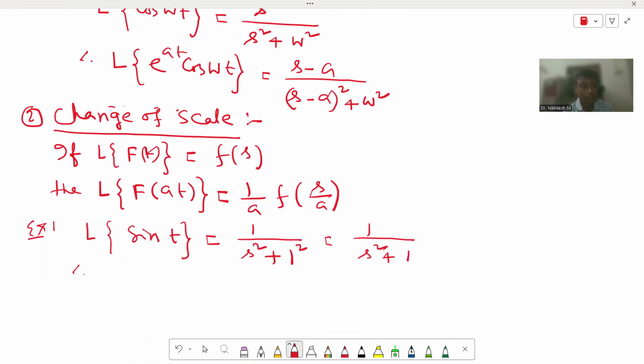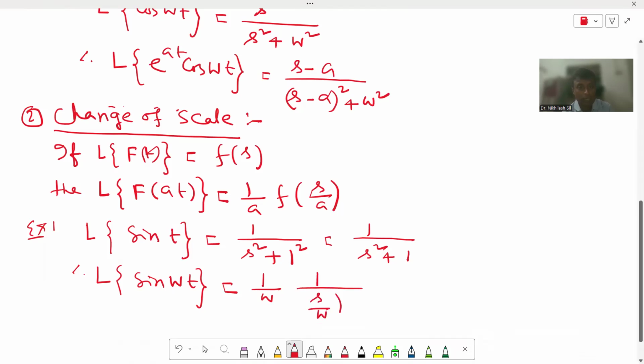So therefore, Laplace of sin omega t, according to the change of scale property, becomes 1 by omega F of s by omega. That means where is s, we are dividing s by omega. So 1 divided by s by omega whole square plus 1.